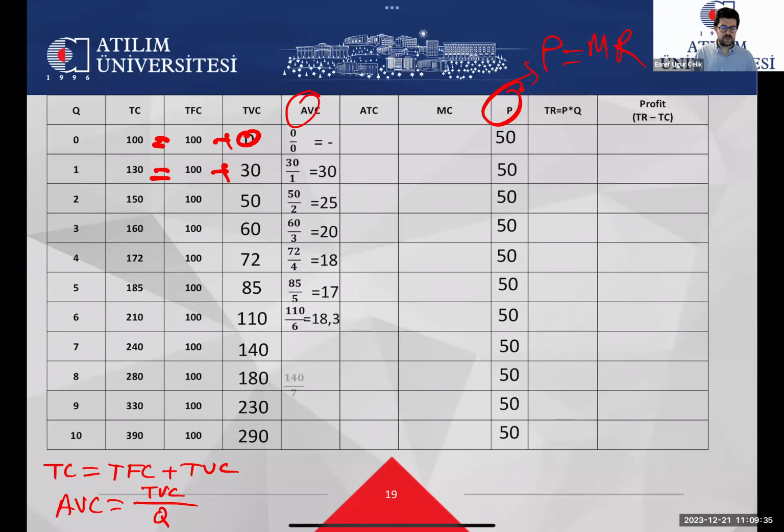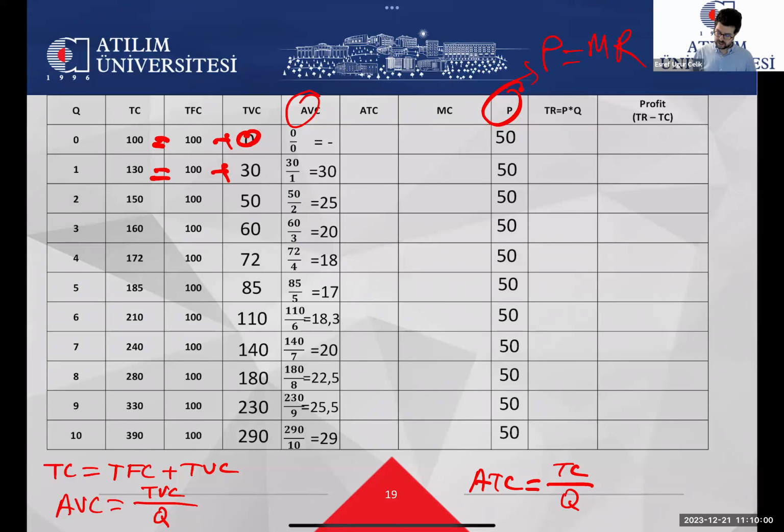Let's come to the average total cost part. Let's remember the formula of average total cost: total cost divided by quantity, or average fixed cost plus average variable cost.